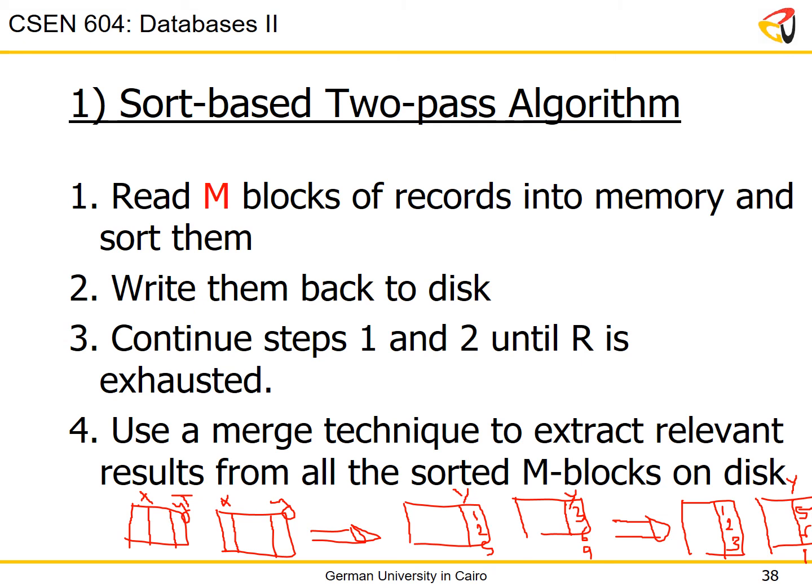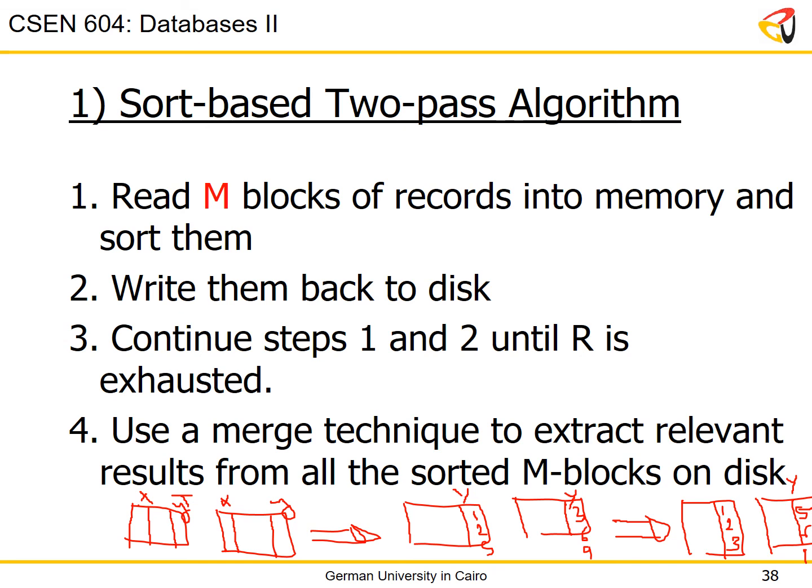Obviously not, because when I was doing the sorting, I was doing local sorting. I only sorted the rows here according to this column value. So if it was like 5, 2, 1, I made it 1, 2, 5. But here also, I could see 1, 3, 9.